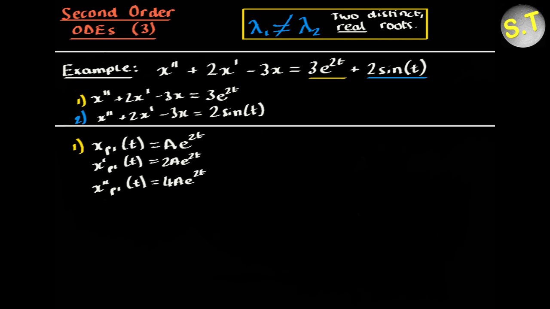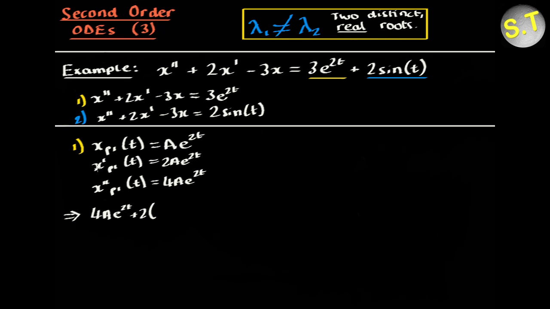So then once we've calculated these values, we can take our particular solutions and input them into the original equation. So on equation 1 here, where we have x double prime, we will replace it with x double prime subscript p1. So we're replacing it with our particular solution. The second derivative was 4a e to the 2t, so we have 4a e to the 2t plus 2 times the first derivative.